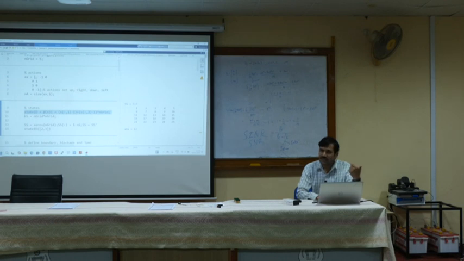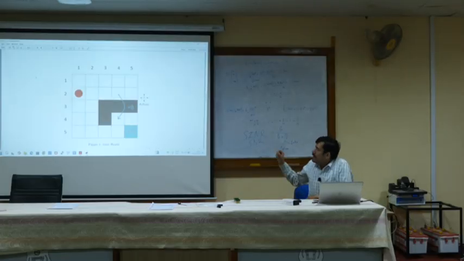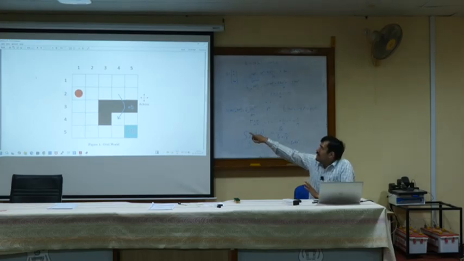Now I have defined the states. In the states, I have defined this state ID. So what does it do? In the grid world, we can have a 2-dimensional coordinate, for example first is 1, 1, then 1, 2, 1, 3, and we can also name it as 1, 2, 3, 4, 5, 6, 7, 8, 9, 10, up to 25.